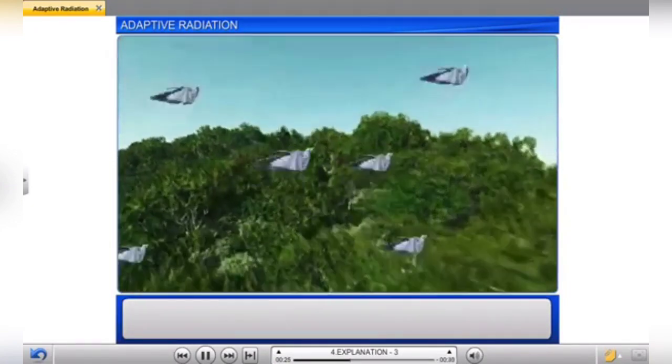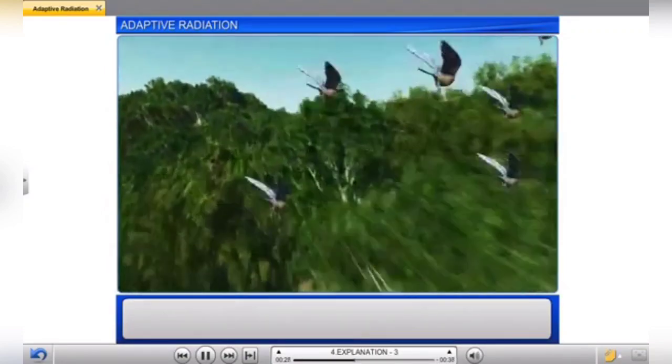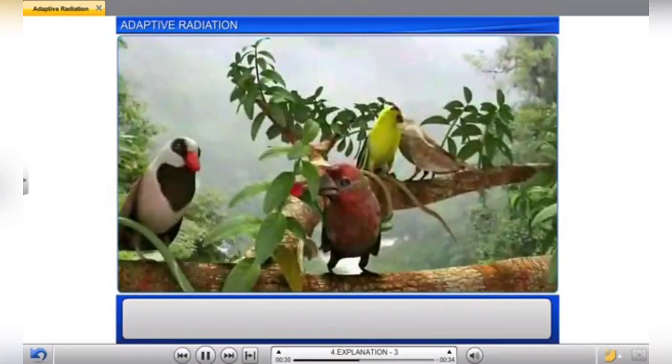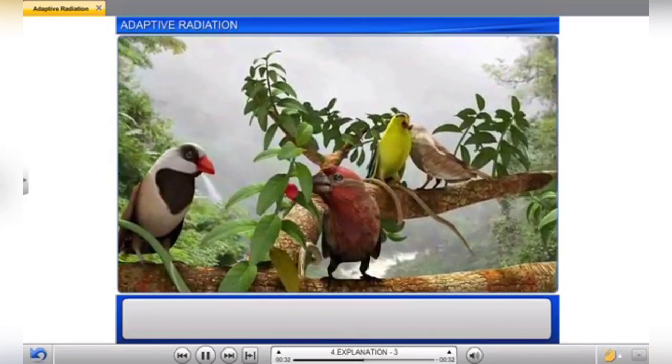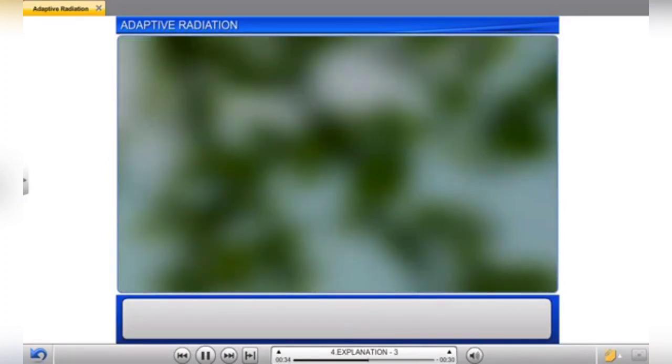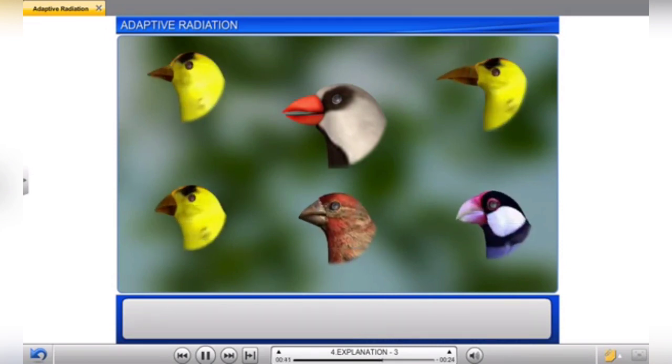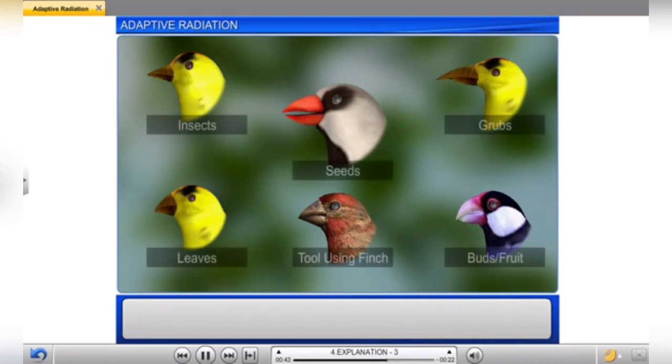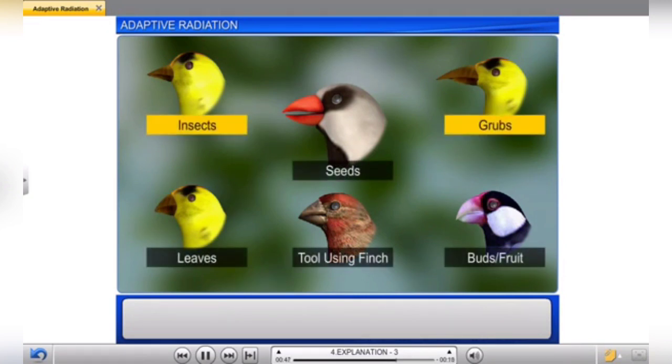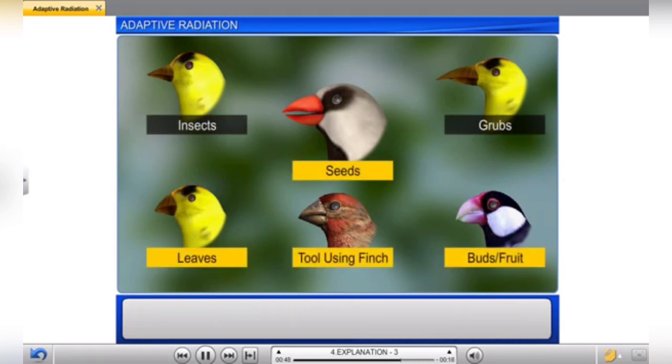To take advantage of all the available food sources, the finches adapted themselves to different varieties of food. One observable trait that pointed to this adaptation was the altered beaks of different species of finches. Their beaks divided them into specialized insectivorous and vegetarian varieties, respectively.